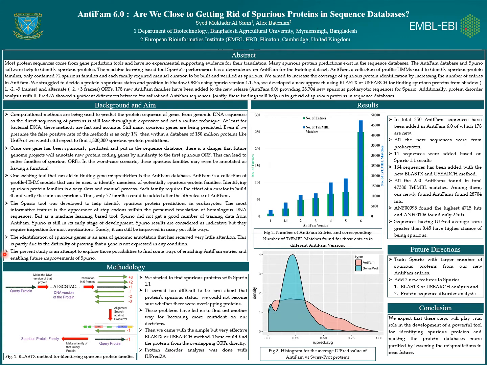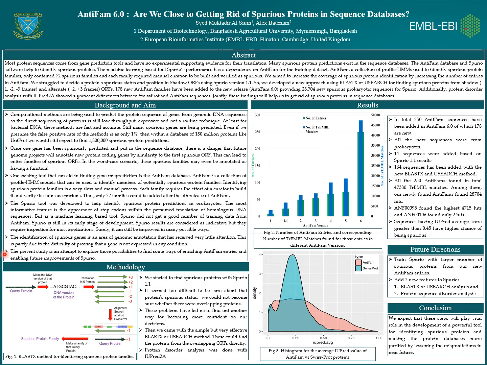So this approach was much faster, and we could add 164 new families of spurious proteins from the shadow ORFs within only a few days. This approach can be used as a new separate quality control system for genome annotations, and it will be a strong candidate for being added as a new feature for Spurio to give its prediction much more confidence as well.